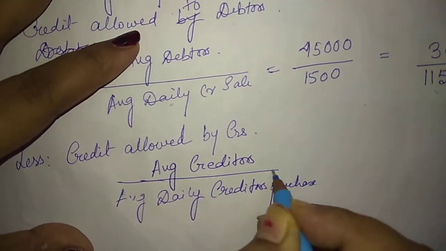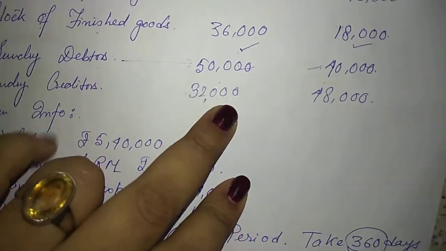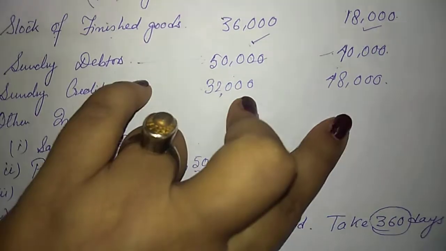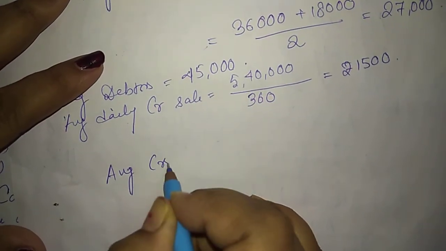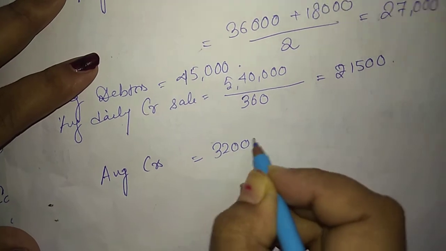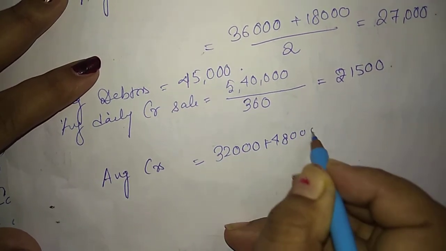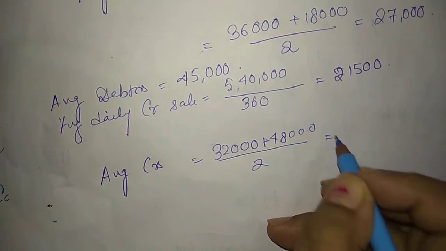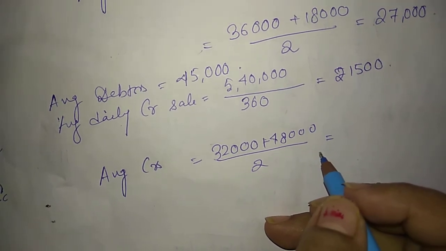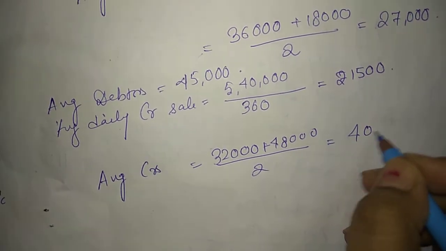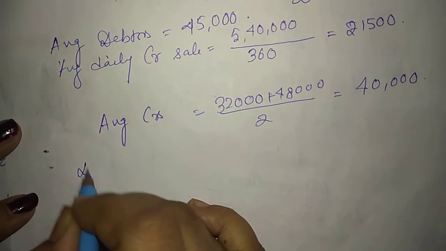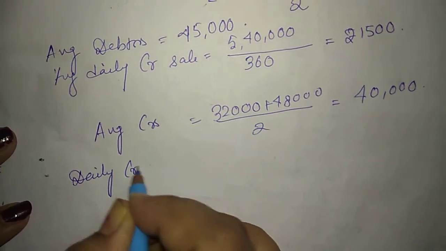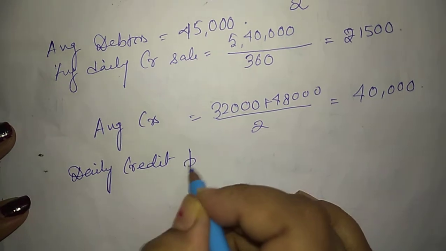Okay. Average creditors is how much? 32,000 creditors. You can see 32 plus 48. So average creditors, 32 plus 48 divided by 2, it comes to 40,000. Then daily credit purchase.